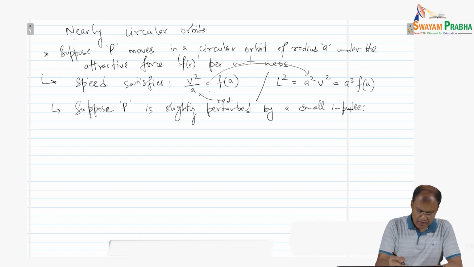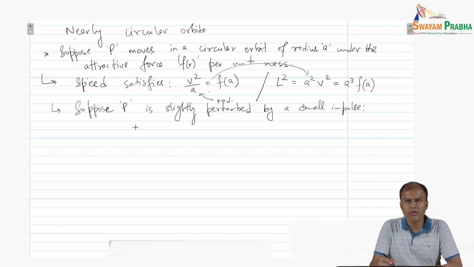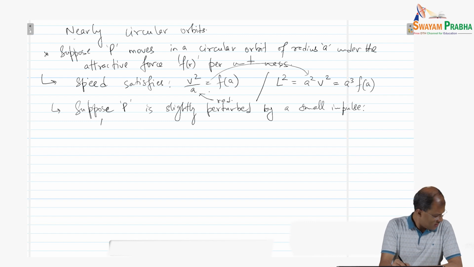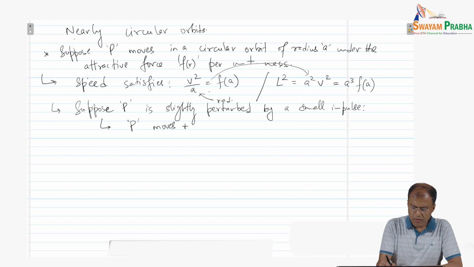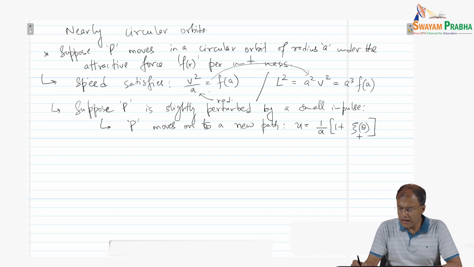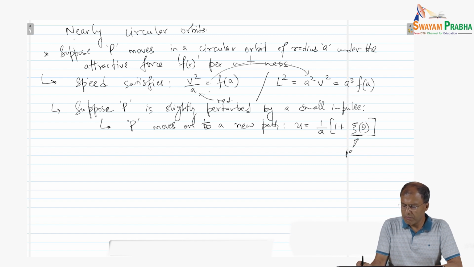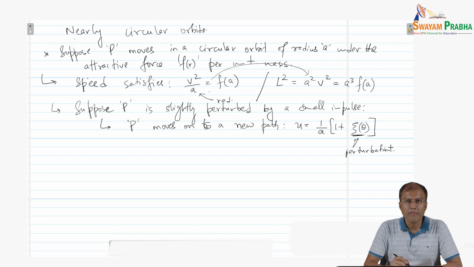And what we get is that the path of P now follows a new path, which is given by u is equal to 1 over a times 1 plus zeta of theta, right? So zeta is the variable which is our perturbation. So this is my perturbation that I have added in the path equation.